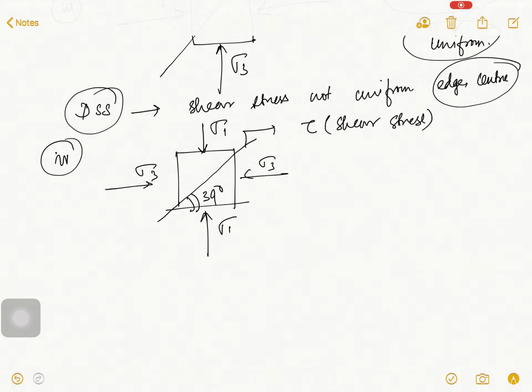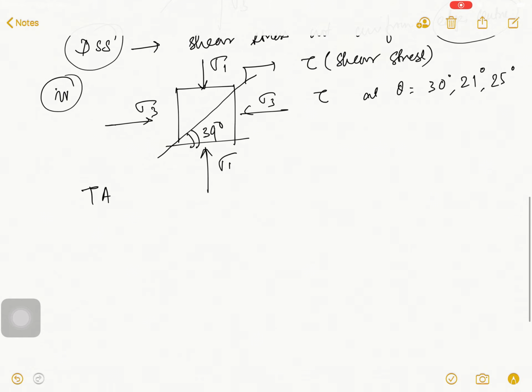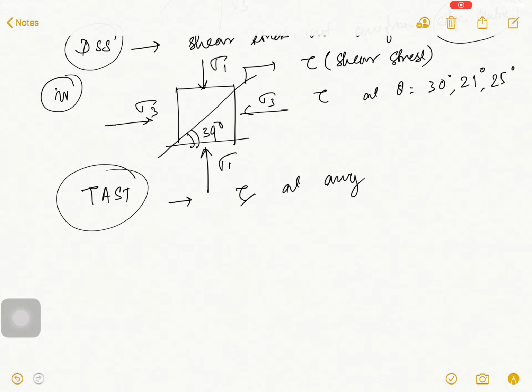But suppose someone wants to ask you what is the tau value at theta equal to 30 degrees, or 21 degrees, or 25 degrees. Then with the help of the triaxial shear test, you can find any kind of tau, any kind of shear stress at any stage.